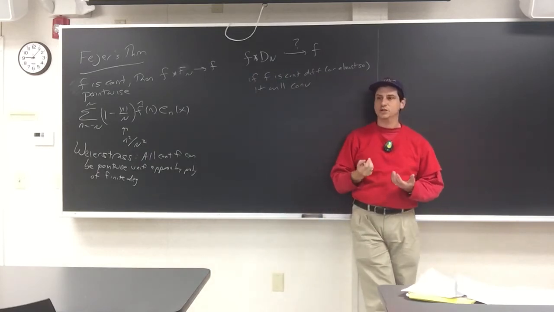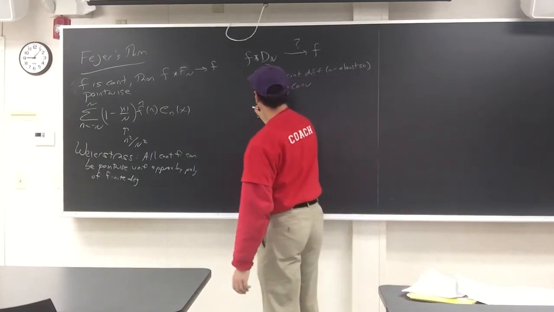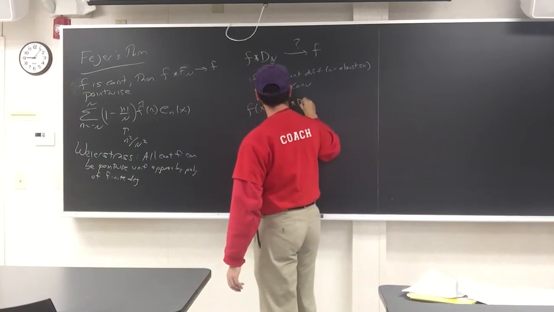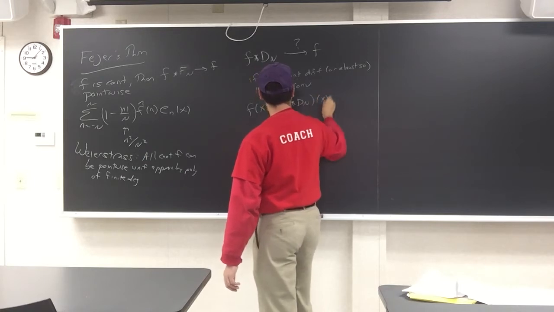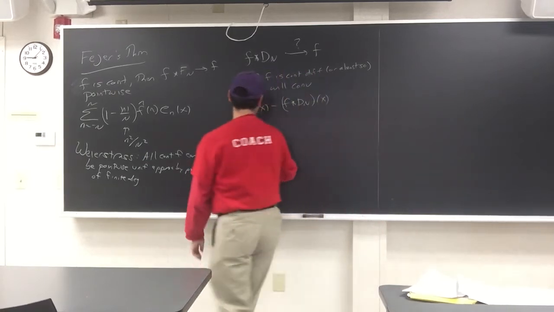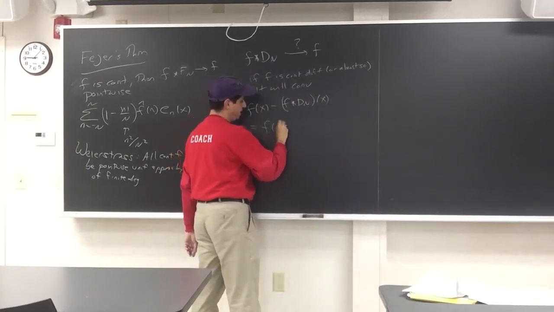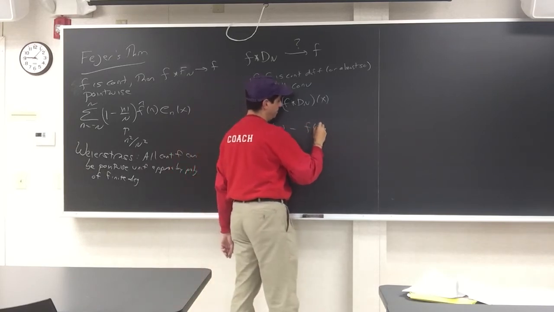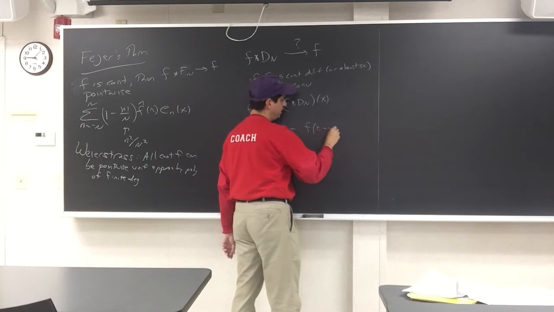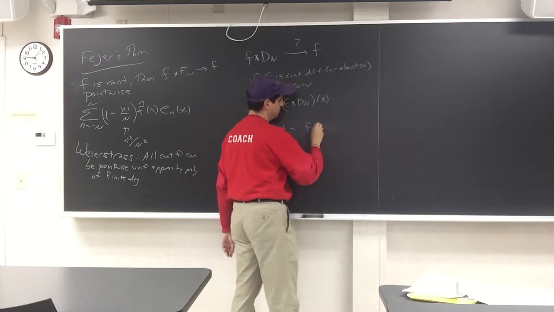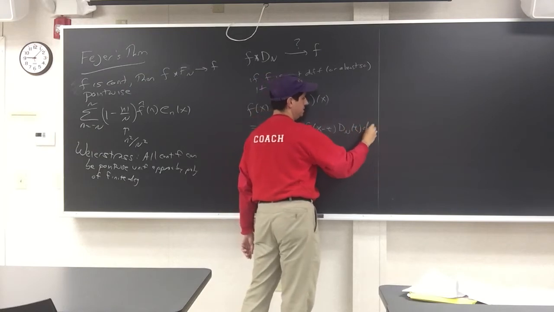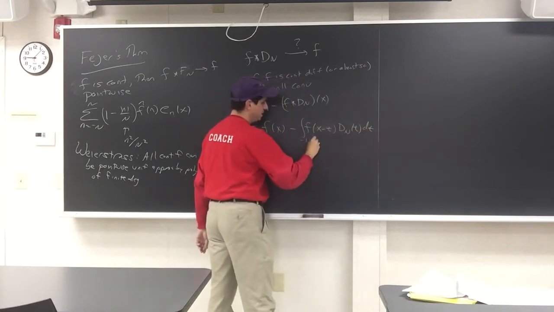We again subtract by looking at f of x minus f star D_N of x. This is going to be f of x minus the integral from minus a half to a half of f of x minus t times D_N of t dt.